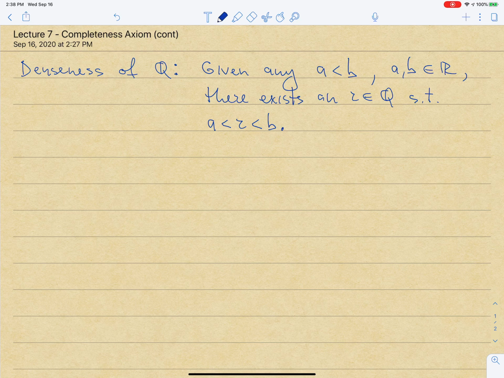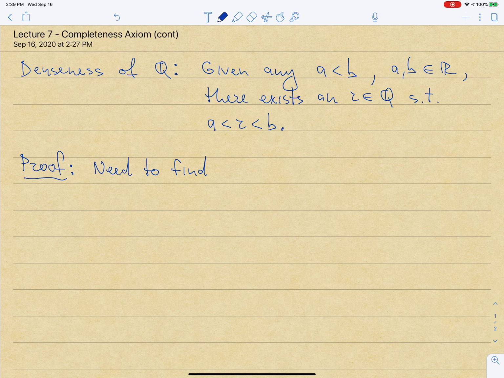All right, so let's see how we can prove this. So proof. So what we need to do, we need to find... Now, if we want to find the rational number r, that means that we have to find two integers, let's say m and n, such that the ratio of m and n is equal to r, and that ratio is between a and b.